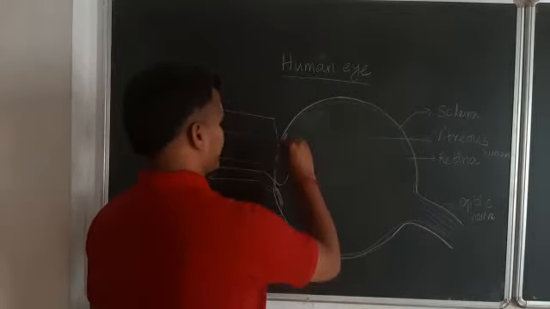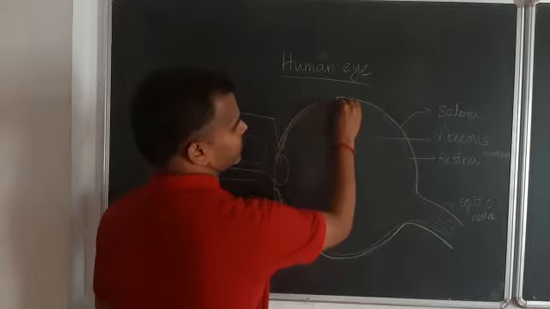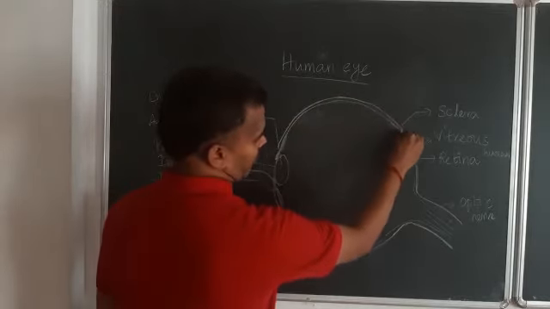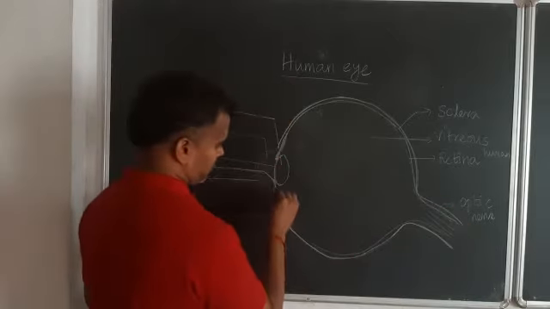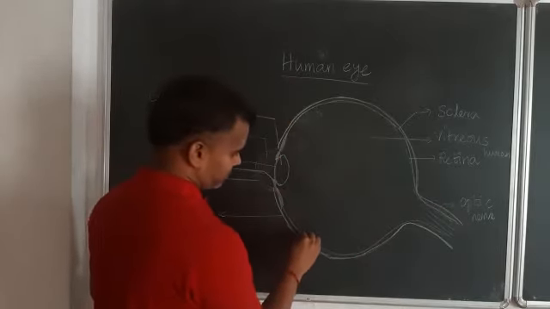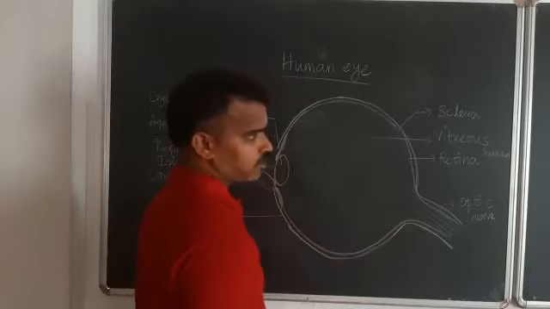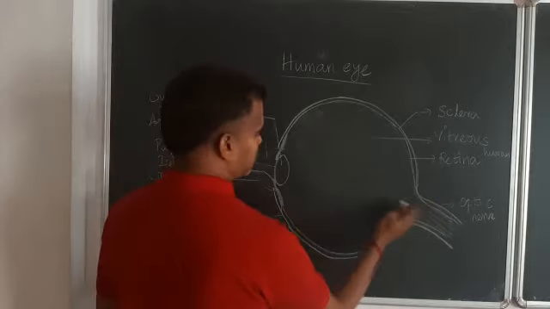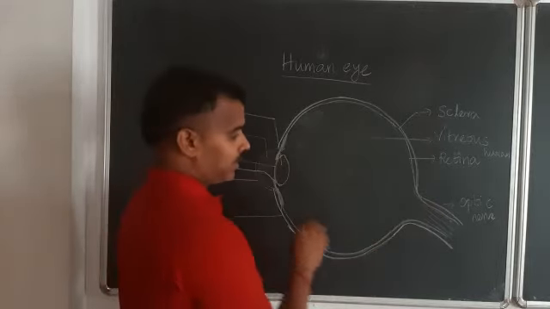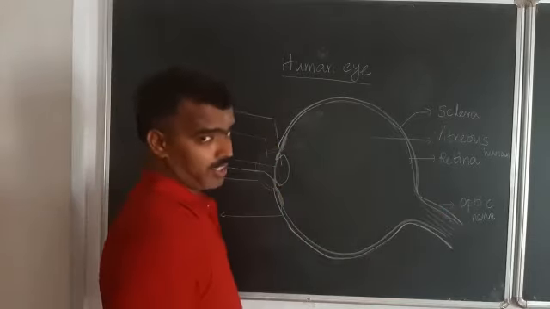Draw the second one very close to the first sphere, similarly. Initially you should construct two spheres using a compass and arrange this side and this side. This side is used for the optic nerve and this side is for the lens part.